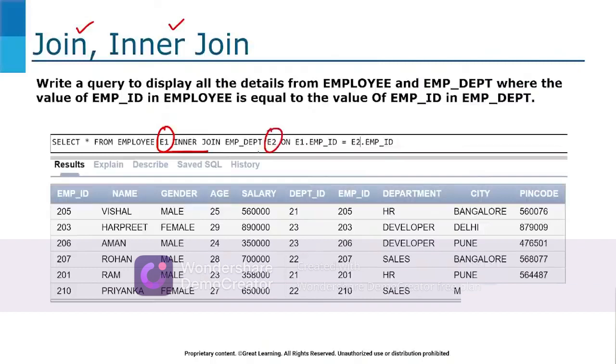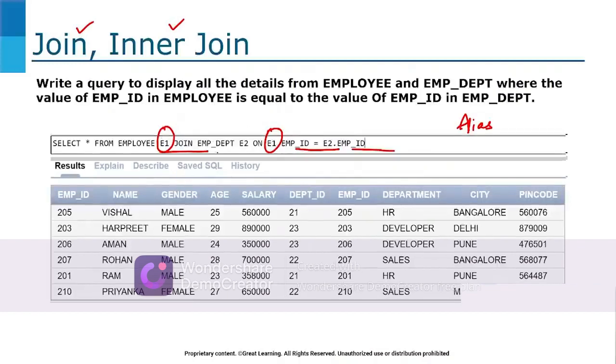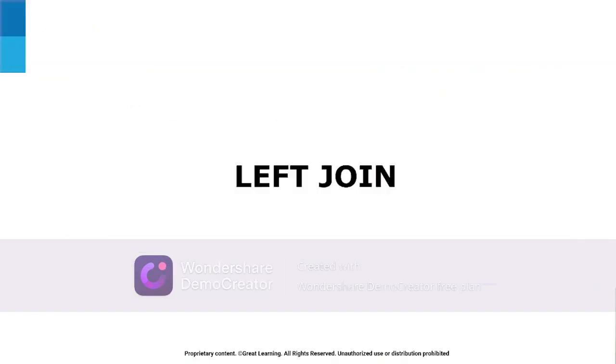Like that, E2, right? So we are using E1.emp ID, E2.emp ID. Now we are not writing employee.emp ID, emp department.emp ID. No, we are directly using the alias name. This is called alias. That means giving another name to the table. Now we are using inner join. We can also use join. I hope you understood the concept of join or inner join, right?